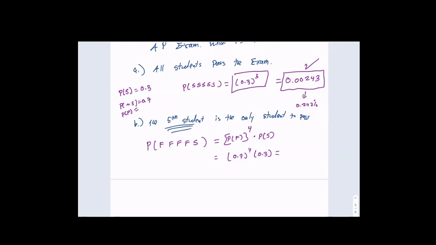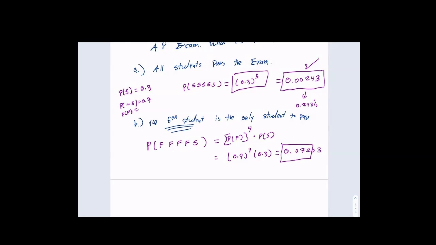So in our calculator, it's 0.7 raised to the 4th power times 0.3. And that gives me 0.07203. If you just wrote 0.072, that'd be perfectly fine. Whatever you write, I will accept 0.072.